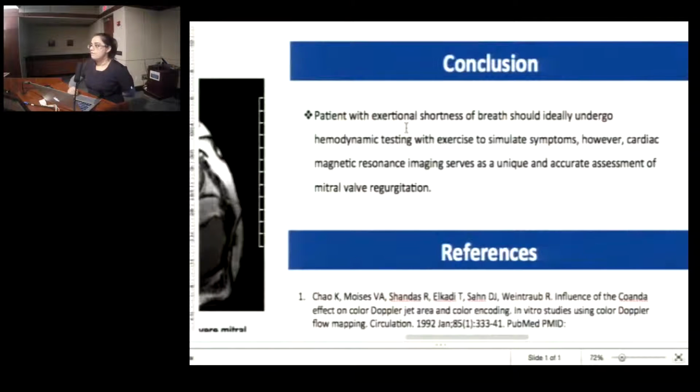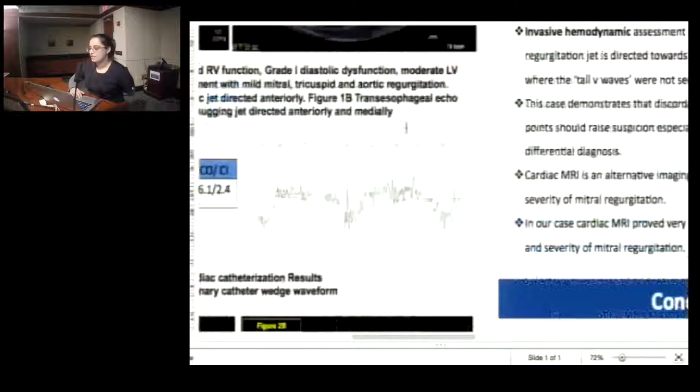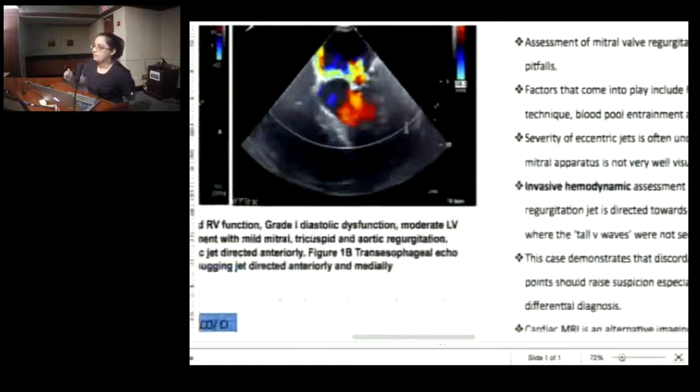So somebody comes in, passes by, and says, I have no idea what this Coanda is. Can you tell me? So it's basically a hydrodynamic effect where, if you have a really severe regurgitation jet, the forces push the jet towards the wall, making it a wall-hugging jet instead of a central jet or a jet directed in one direction.